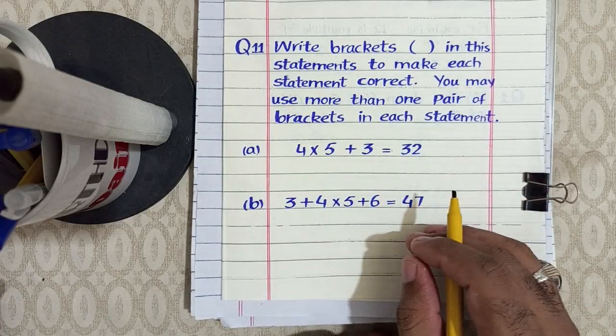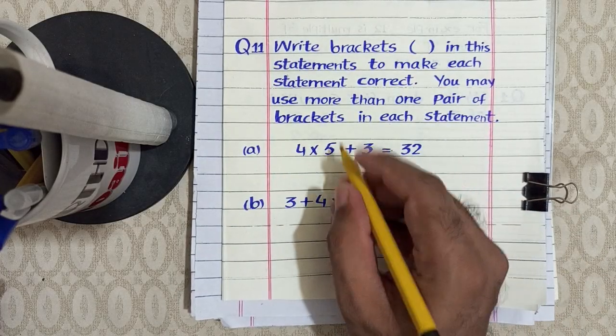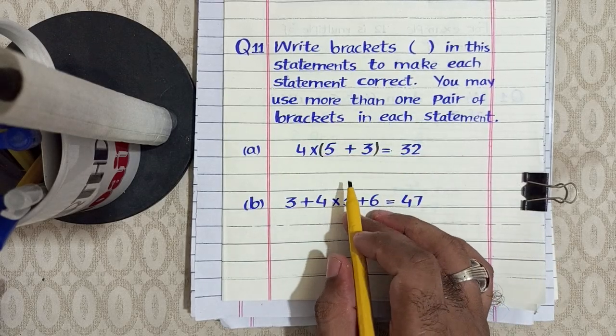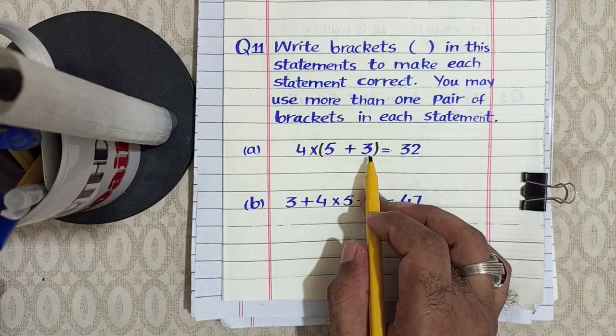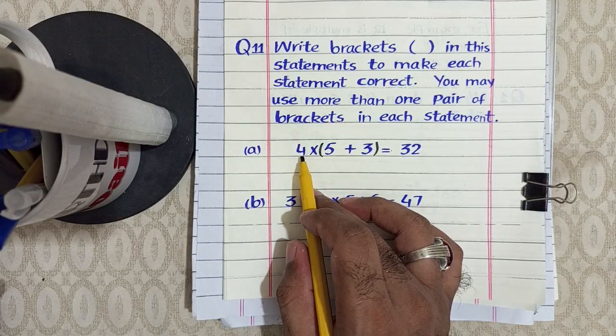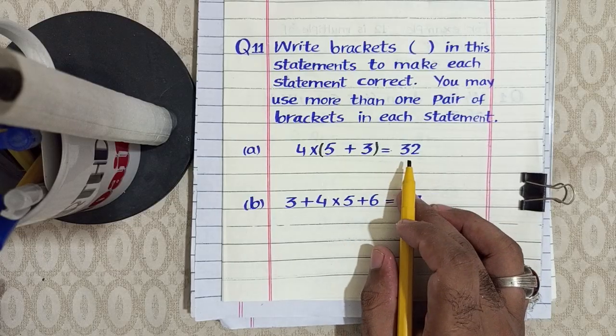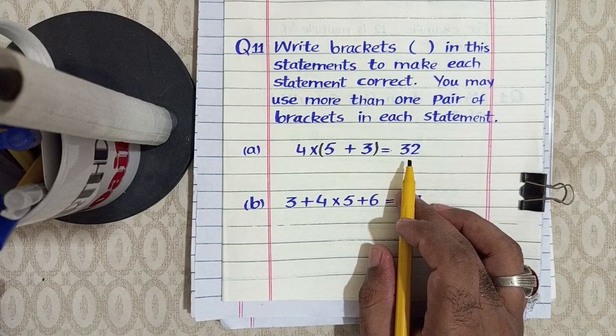So we make a bracket with 5 plus 3. So 5 plus 3 is equal to 8 and 8 multiply 4 is equal to 32. So our answer is 32.